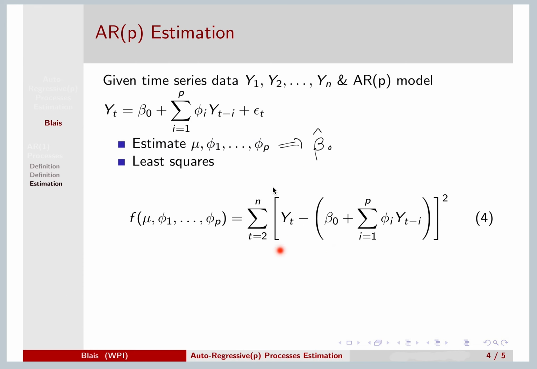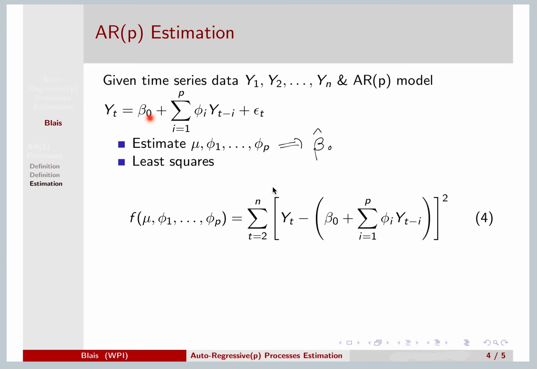And we take a least squares approach. So we define the function f of mu, phi 1 up to phi p in the following way. We're taking our actual data points, and if you think of this equation here, notice you have yt on the left, that's our data point for time t, and then on the right we have the value according to the ARP definition without the noise term.